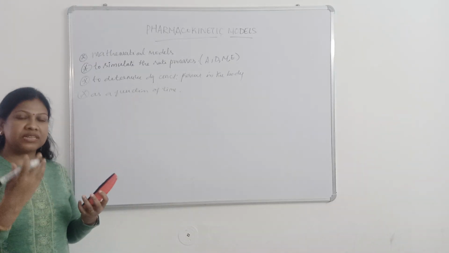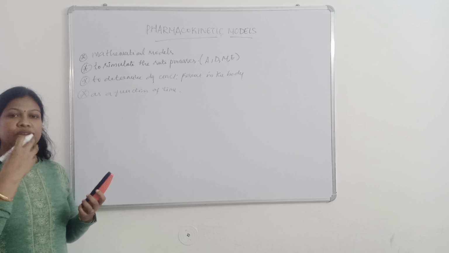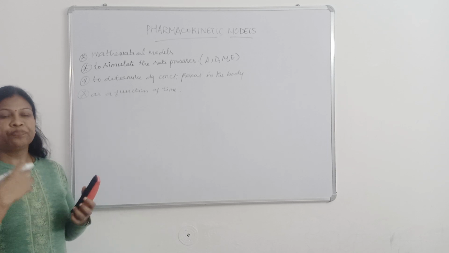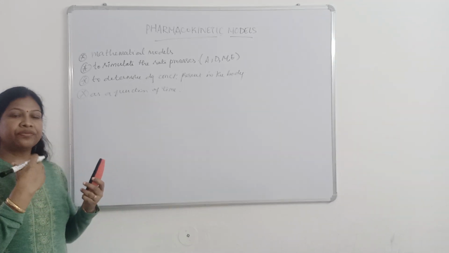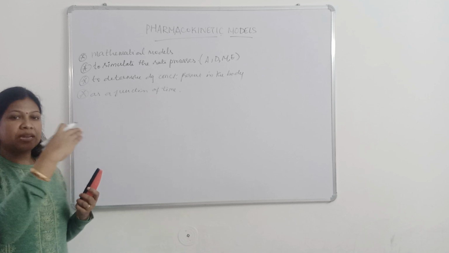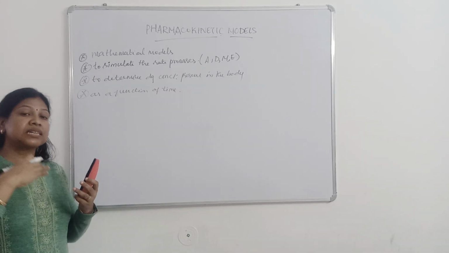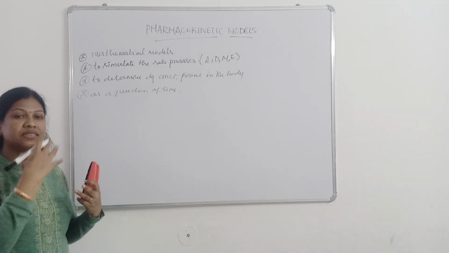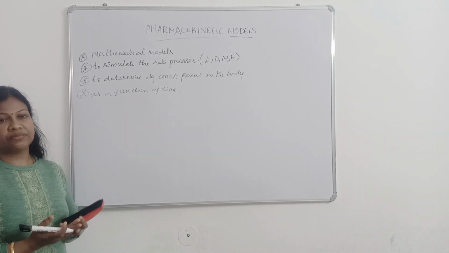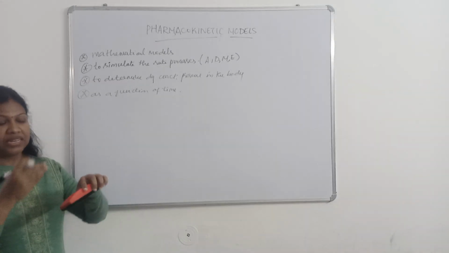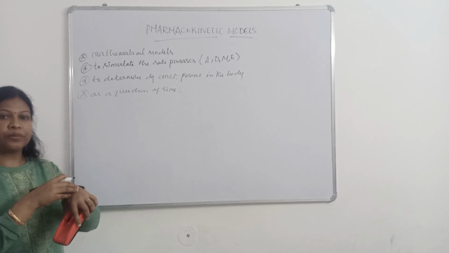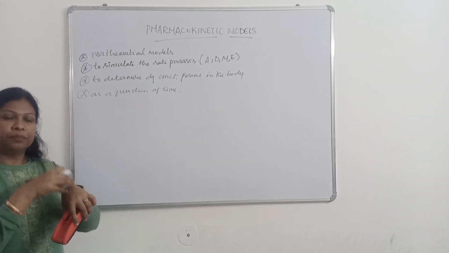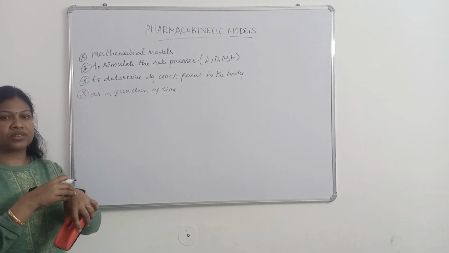As the time changes, like if we administer the drug orally, in plasma you can find that with respect to time, as the time passes, the drug concentration will increase after administration. Whereas in the case of intravenous administration, you are directly administering the drug into the blood, that is, into systemic circulation.